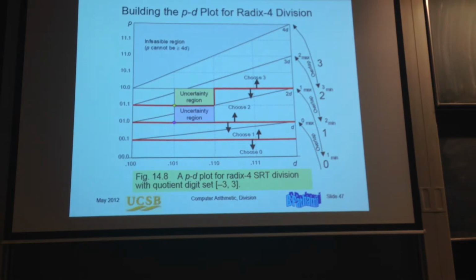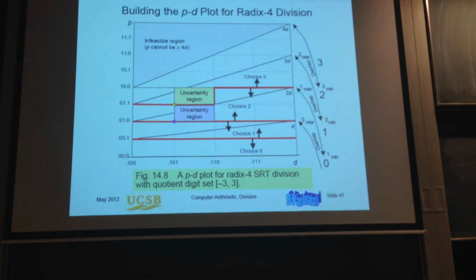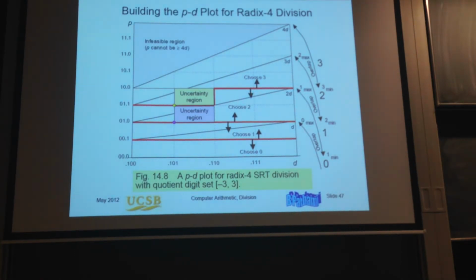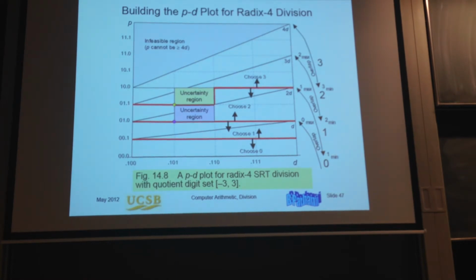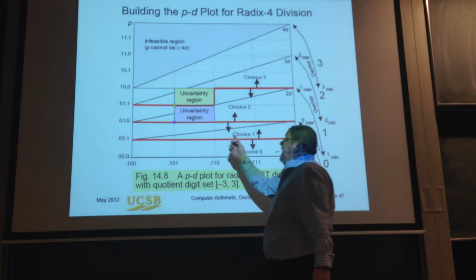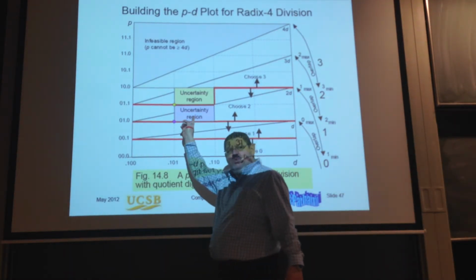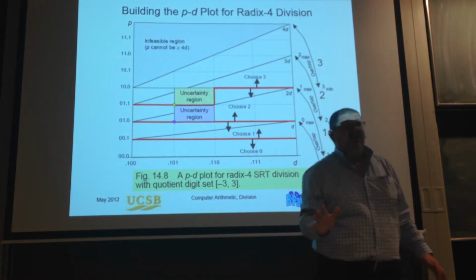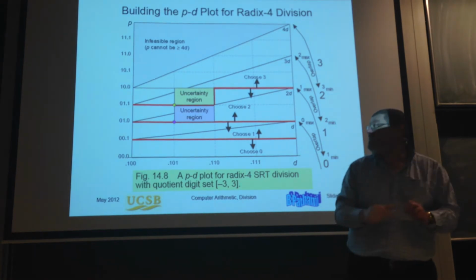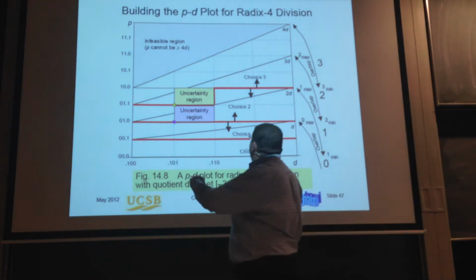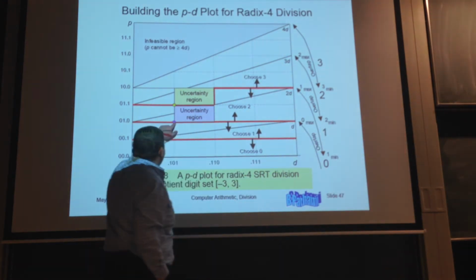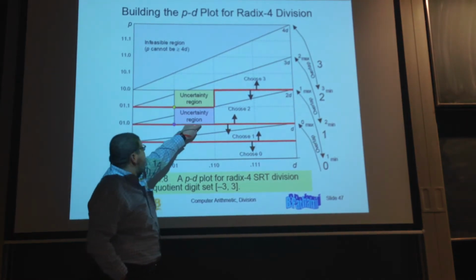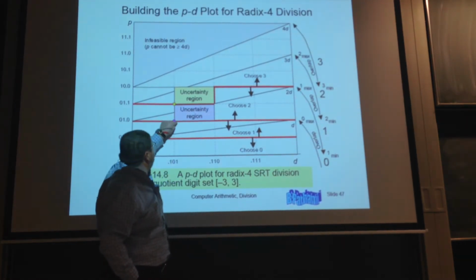Then I have essentially two things to do. I have to determine that kind of separation lines, and I also have to be sure that that uncertainty region is not too big. Because if the uncertainty region is too big, my choice might be wrong. Let's assume that I am in this area, okay, and the uncertainty region is larger.